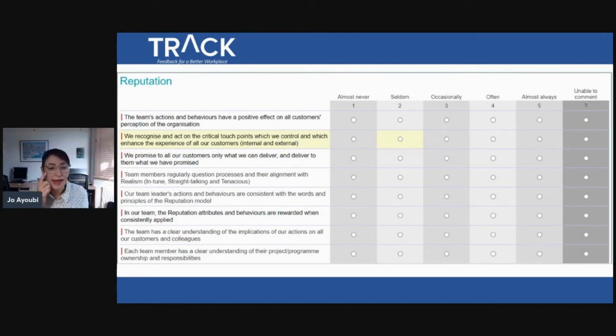So you can see that the 360 was tailored around the key areas that we all agree are important for team effectiveness and follow those models that we looked at. But also reputation. So this was very specific to the organization and was key to making sure that teams were working towards the values of that organization.